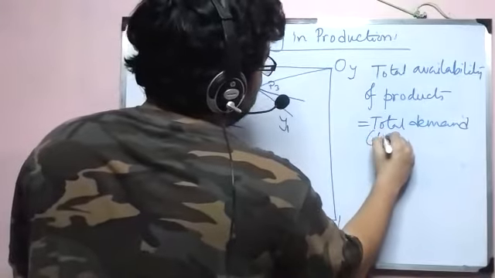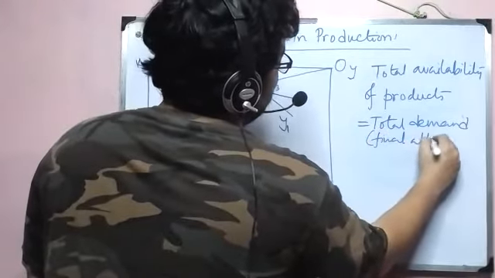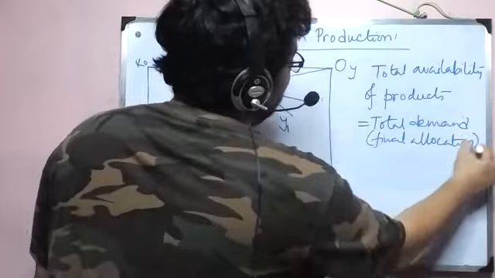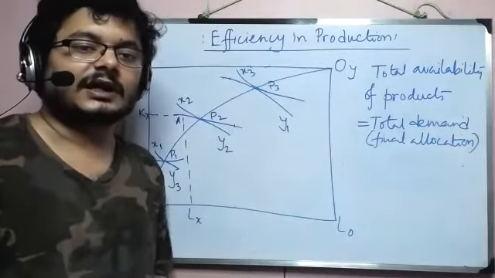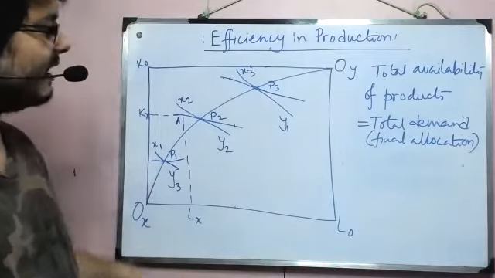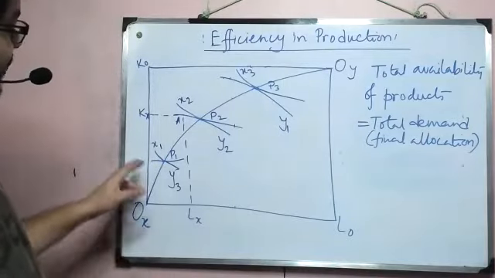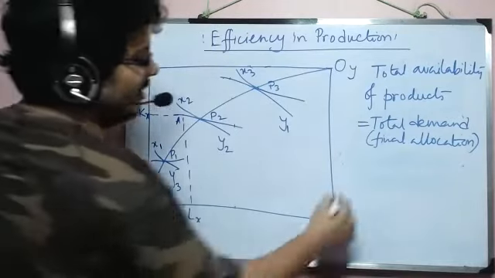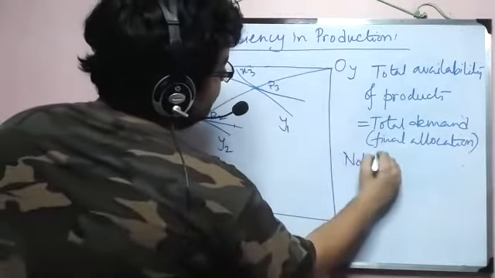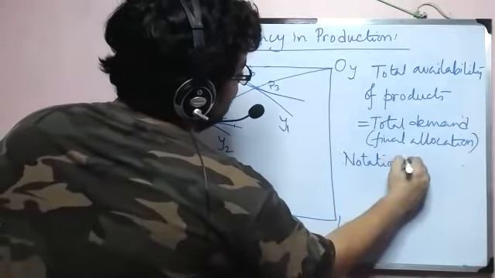Or final allocation, let's say. If you want to write in terms of allocation, then here we are talking about final allocation. Now, all that is fine, but in production, if we talk about the notations, here you have a slightly different situation.